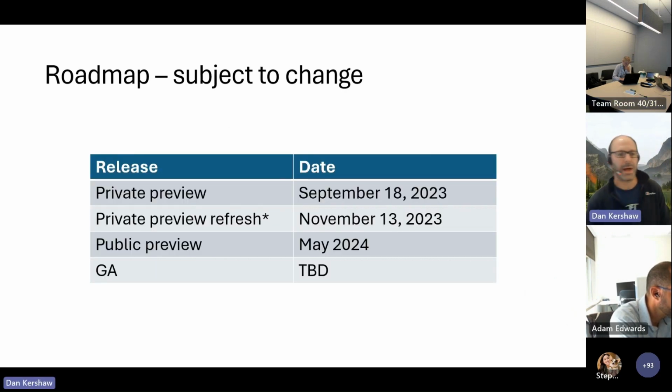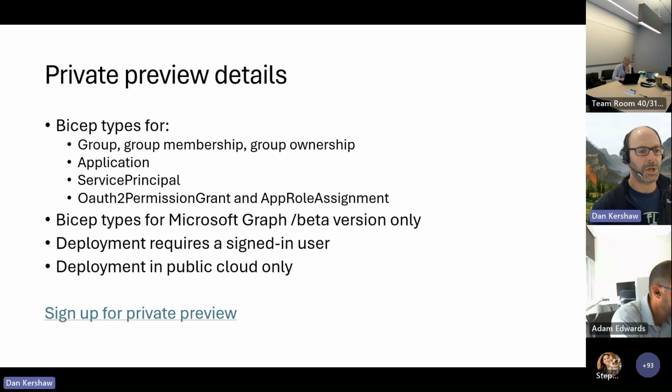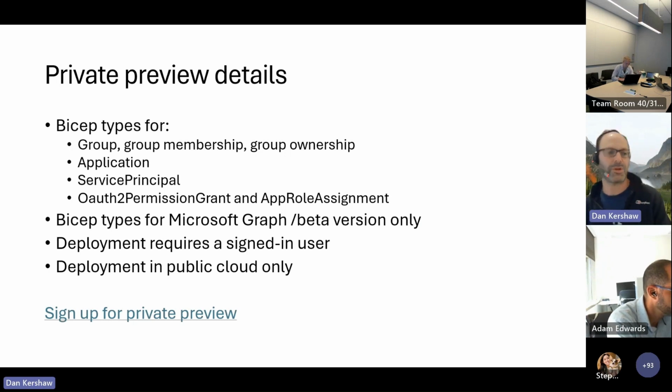In terms of our roadmap, we're hoping, as Stephanie was saying, to have our private preview mid-September. The team is working hard to try to hit that date, or maybe bring it in a little earlier. We're looking to have a refresh in November, and then shooting for public preview in May. In terms of what's in the private preview, we have a small set of types that we will be exposing, again including those OAuth 2 permission grants and app role assignments.